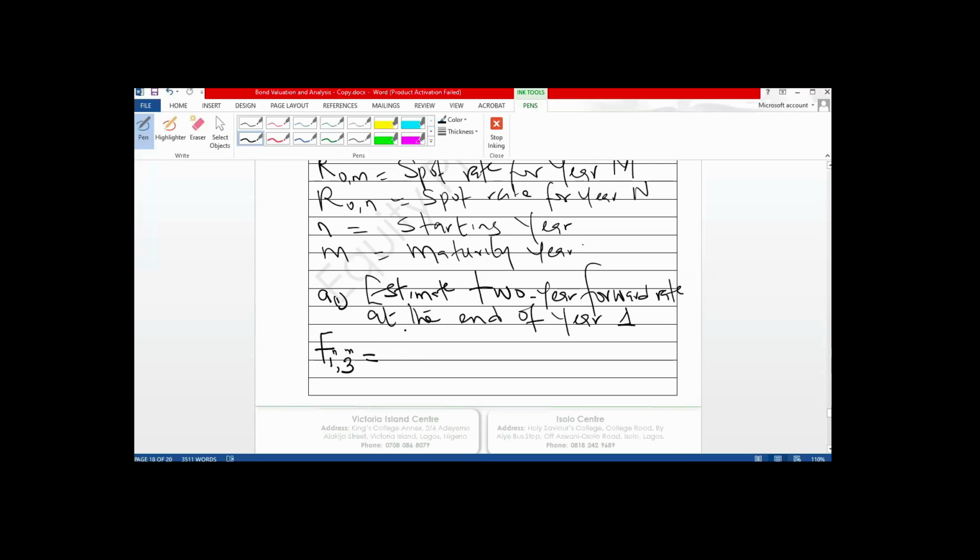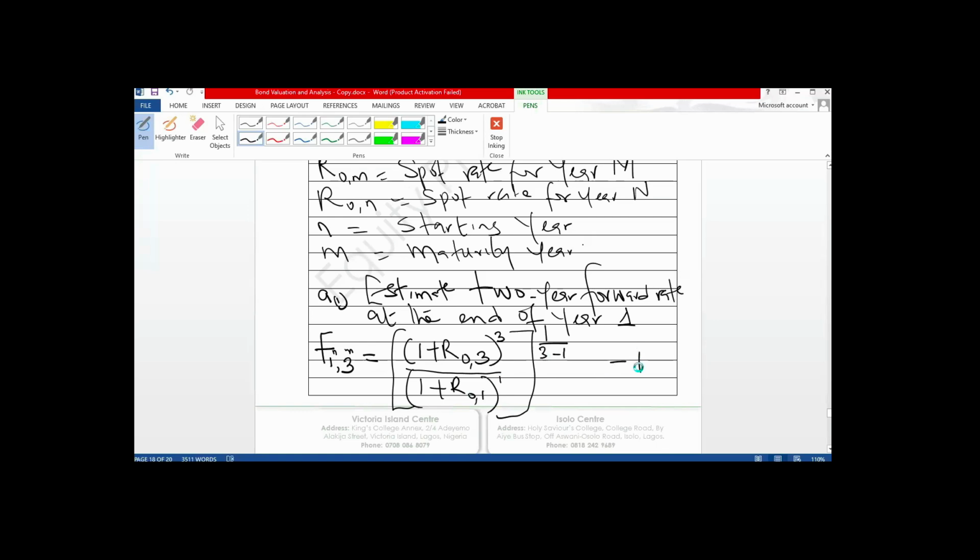Now go back to the formula. 1 plus R0 for maturity, that is 3, raised to power M, that is maturity 3, over 1 plus R0 starting from year 1, raised to power N, 1, everything raised to 1 divided by M minus N, 3 minus 1.